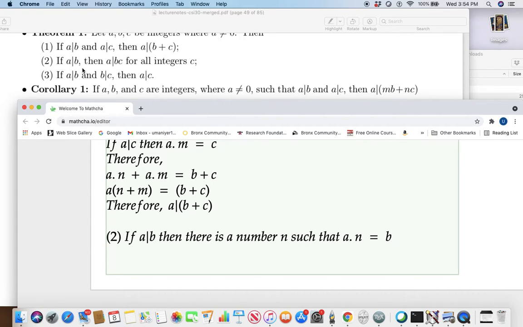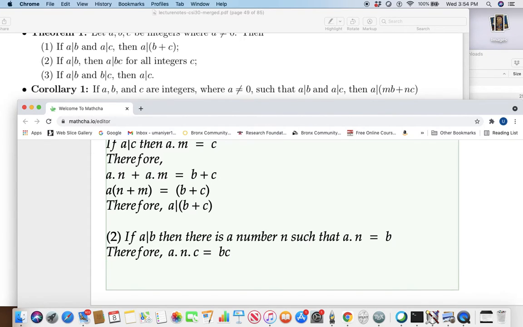If A divides B, then A has to divide B times C for all integers C. Well, of course it does. A times n is B, therefore A times n times C is B times C. In other words, A times NC is BC, you see.